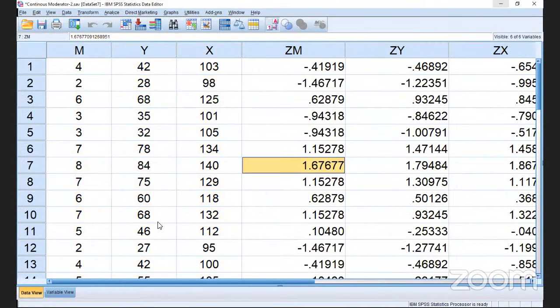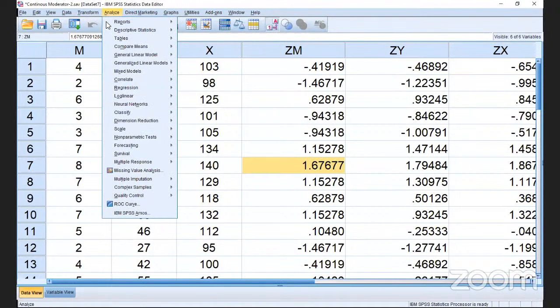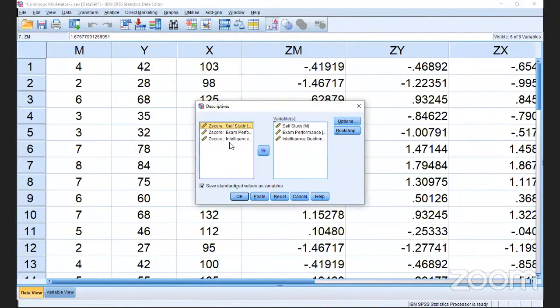If you want to convert your variables into standardized variables, then go to analyze, descriptive statistics, and descriptives. Simultaneously we will select all three variables and transfer them here.